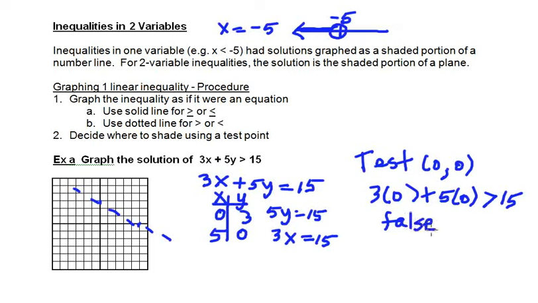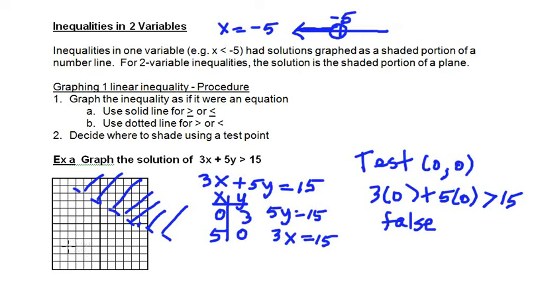And what that means is that the point (0, 0) is a false point. So I should not be shading on the same side as (0, 0), but instead I should be shading on the opposite side as the origin. And that opposite side to the origin will be the true side. So we shade on the true side and we leave the false side unshaded.